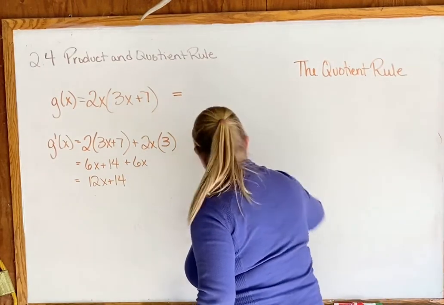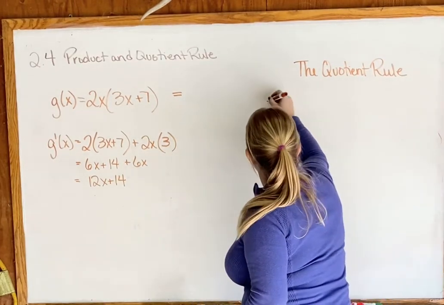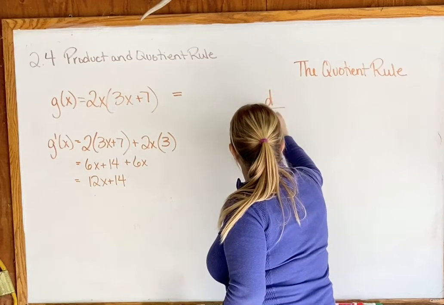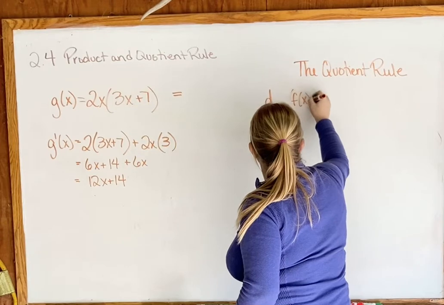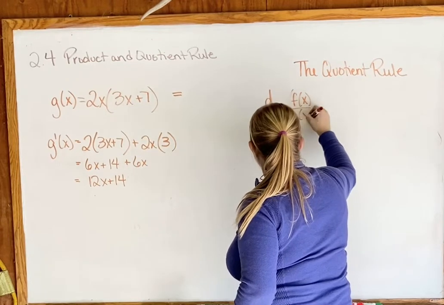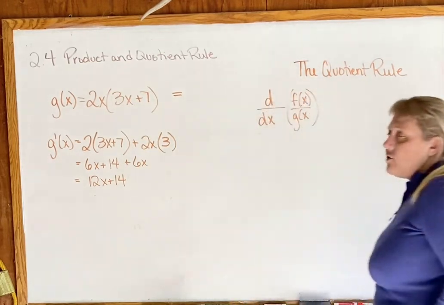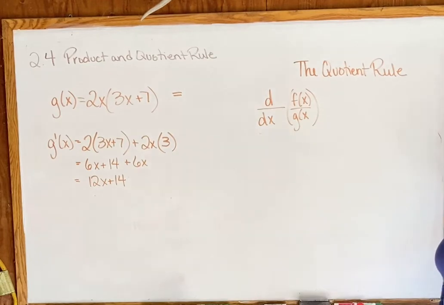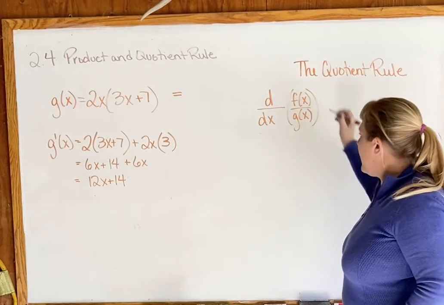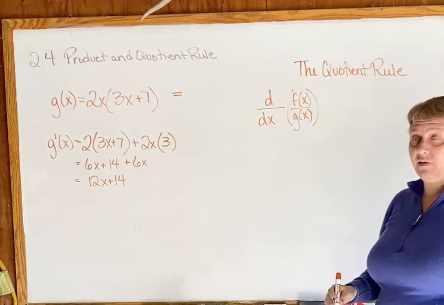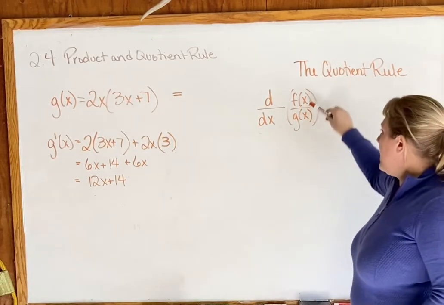Give myself enough space here. So let's say that we wanted to find the derivative of f of x divided by g of x. So if we have two functions that are in a rational function, so we've got two functions that are divided by each other, and we want this derivative. Now again, unfortunately, it doesn't work nice.